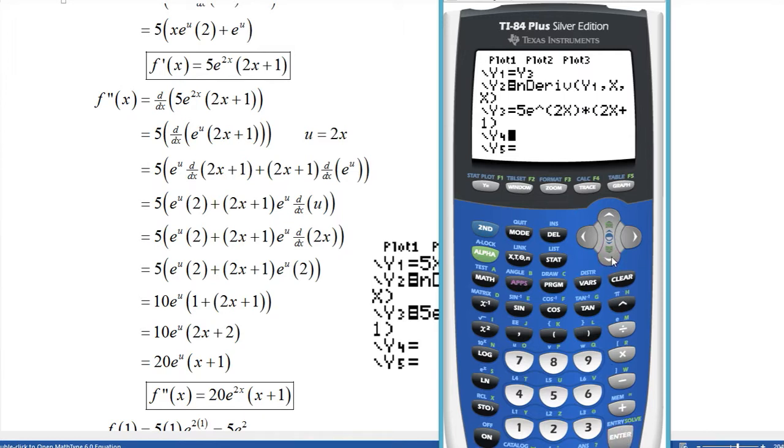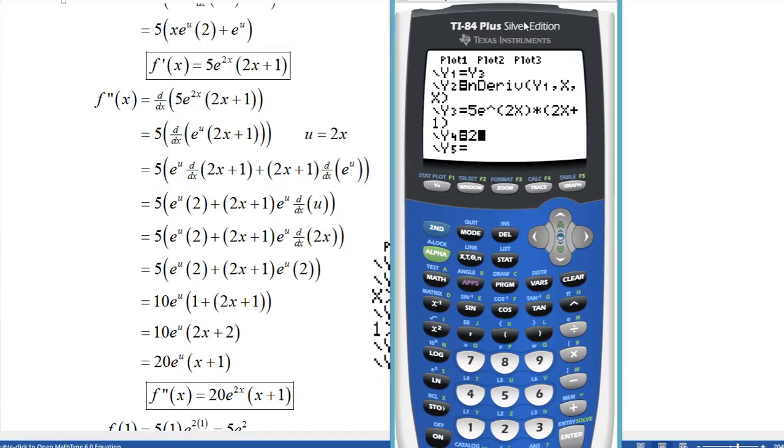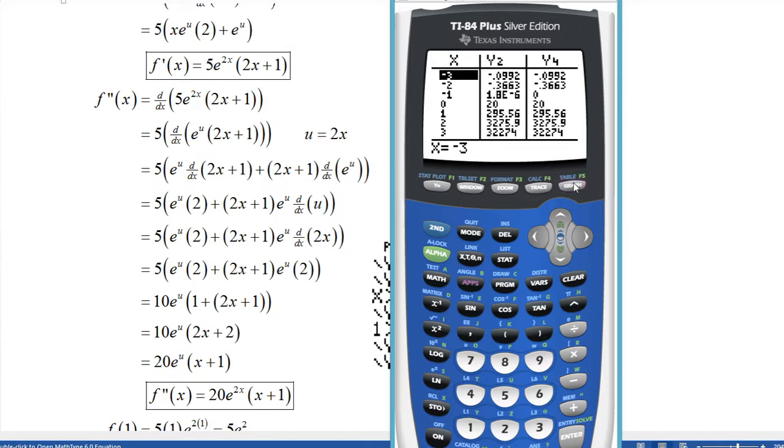The derivative of that is going to be this one here: 20 e to the power, parentheses 2x close parentheses, times parentheses x plus 1.